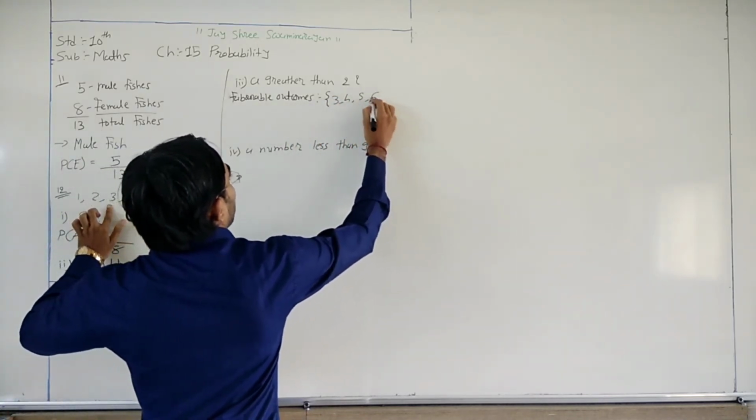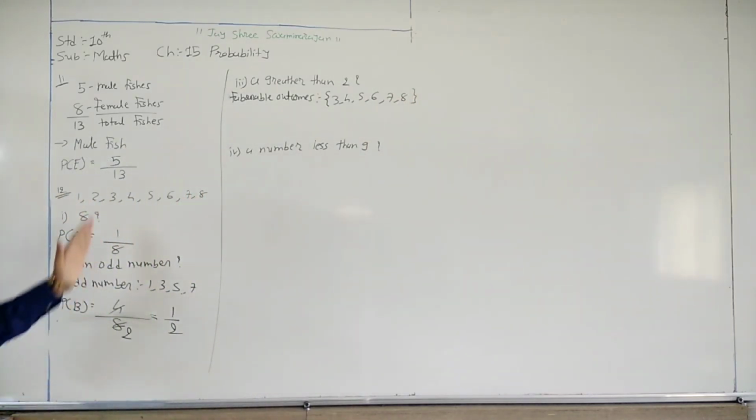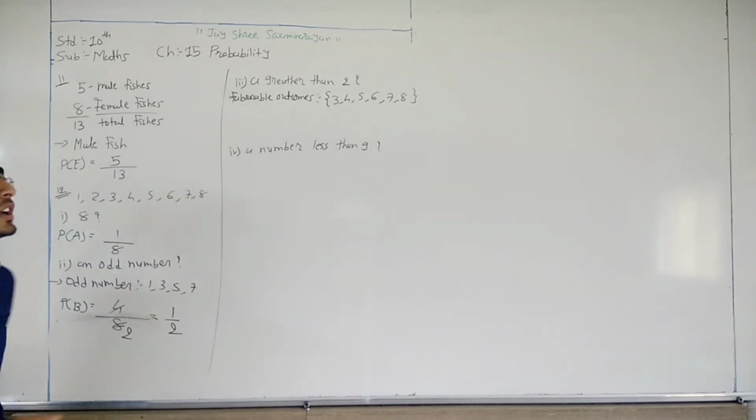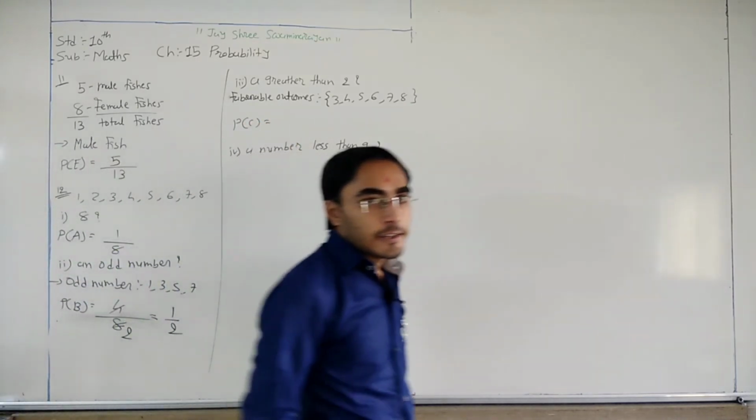What are the numbers which are greater than 2? 3, 4, 5, 6, 7, 8. Now, we need to find the probability of this event, right?